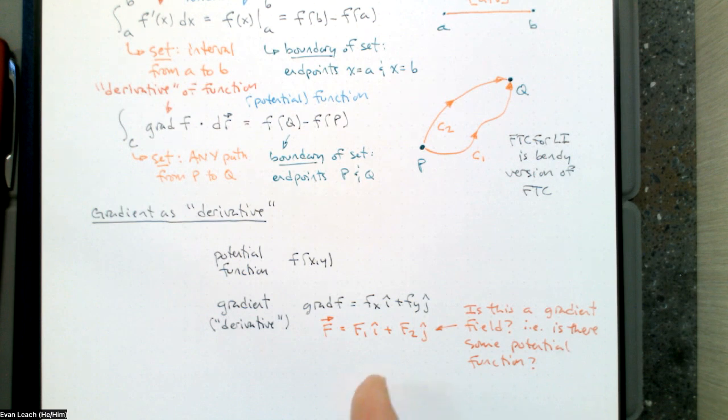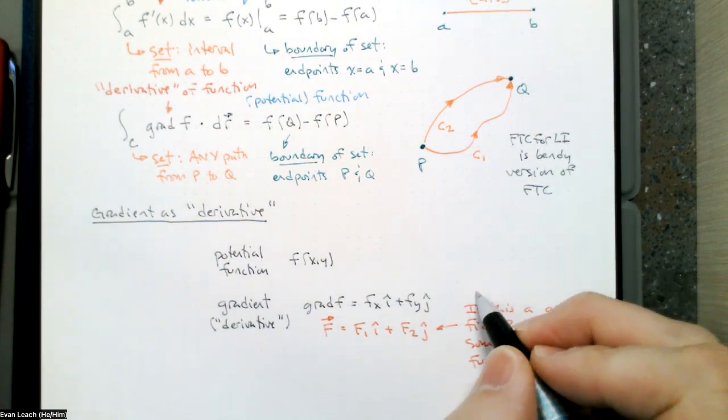Is this scalar function f1 the derivative of something with respect to x, and f2 the derivative of something with respect to y? One way we can determine this is to just try to integrate and see if there is one. So we want to know, can we go from the gradient up to a potential function?